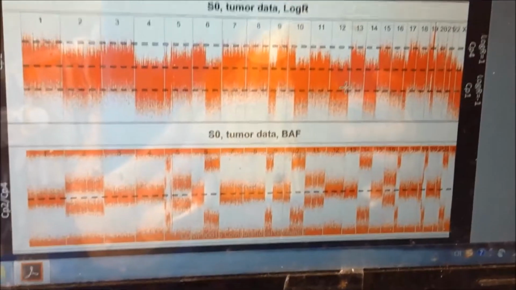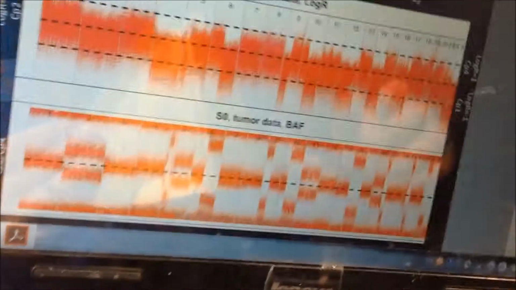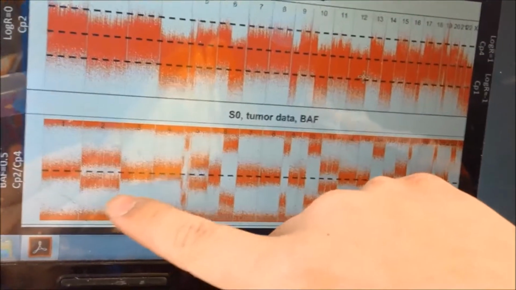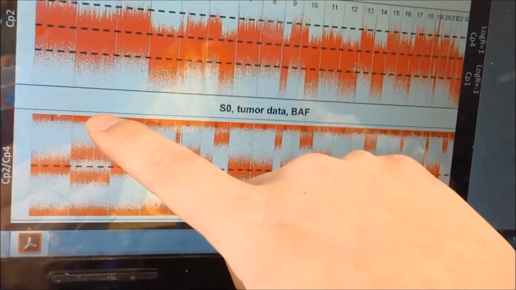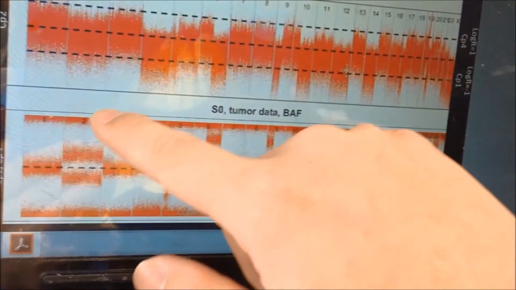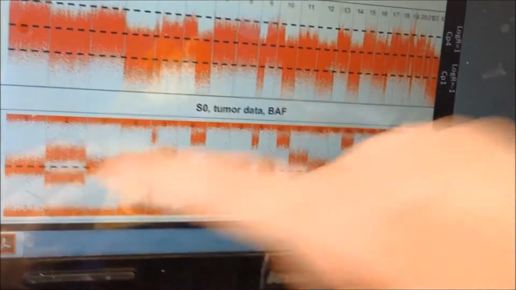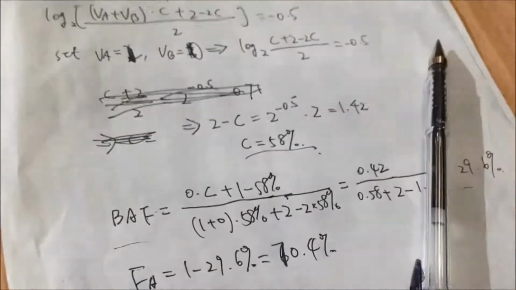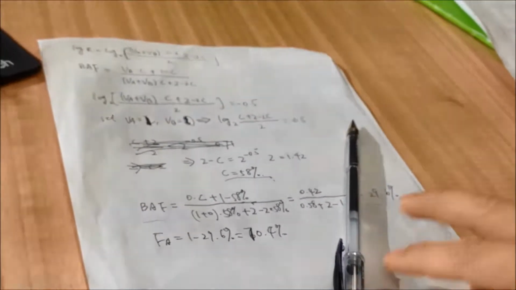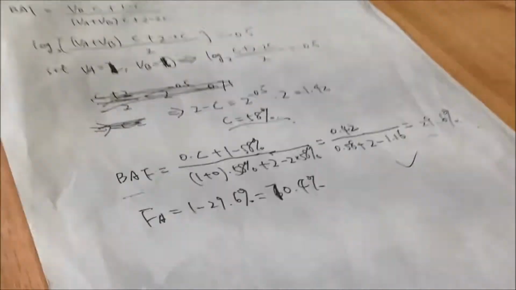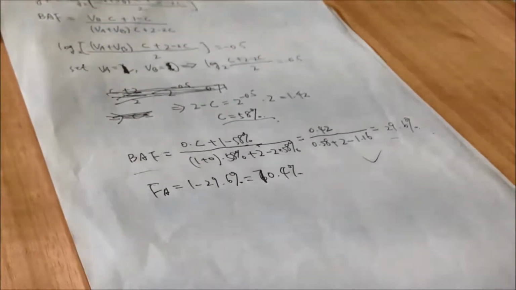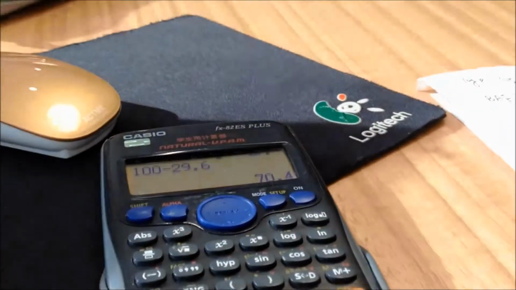And then we look at the figure of the BAF, we can see exactly 4 bands, which means B allele frequency 1, 0, about 2/3, and about 1/3, which corresponds to our calculation. Also, we can do similar things for chromosome 14.